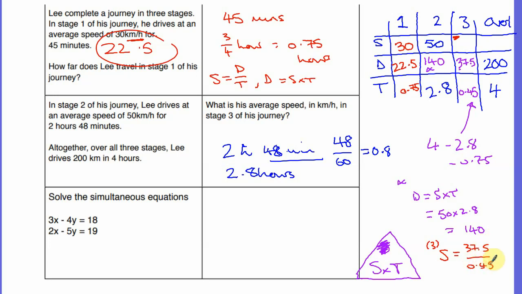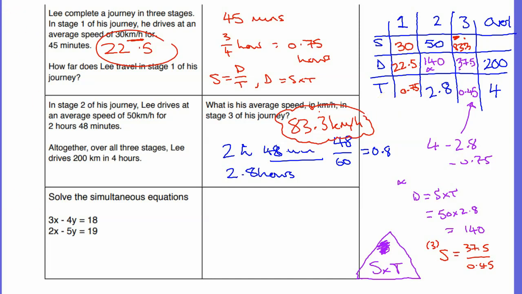Get your calculator out, and we're going to get 83.3 recurring. So I'll write that large here, 83.3 recurring kilometers an hour. He went quite fast. Might have been on the motorway.